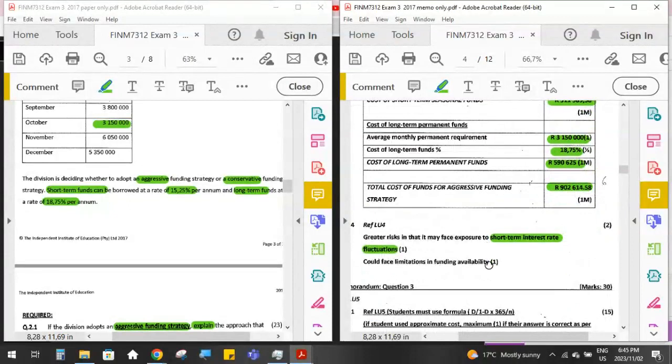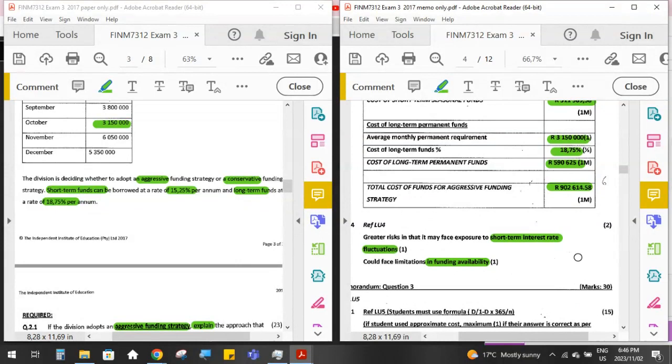And then also the other thing that can change in the marketplace from the beginning of the year when they did this exercise is that funding in the money markets could tighten. In other words, they could face limitations in funding availability.